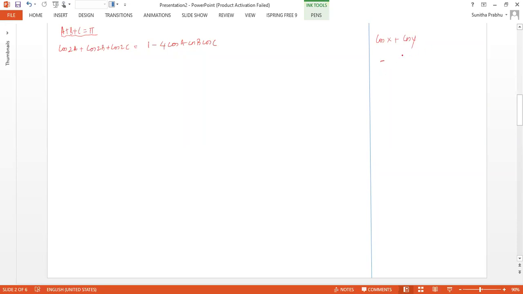Very good. So, I'll just write it. Cos x plus cos y is going to be 2 cos x plus y by 2 into cos x minus y by 2. I will remember this. Then I will take these two and try to get them in the product form. Tell me how I should do it.